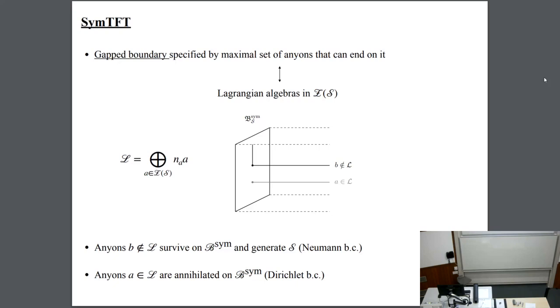And in this instance, it's a very algorithmic procedure to classify all the gapped boundaries. So I know how to take the symmetry S and compute all of these Lagrangian algebras. I honestly don't know how this carries over to the case of fusion categories with an infinite number of simple objects. Okay, thank you.